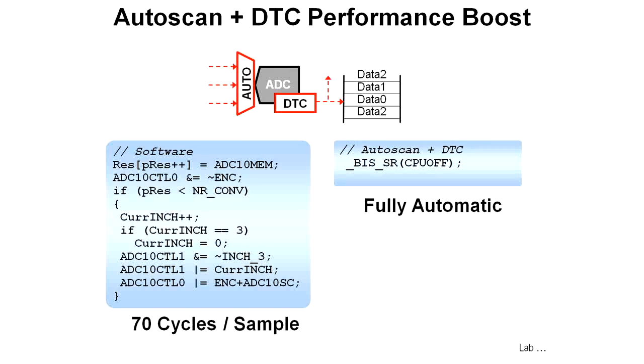Instead, we allow the auto scan and the data transfer controller to do all of this for us once we've programmed it. It will load the information into memory. We can go ahead and go to sleep while it's doing that. When all of those inputs are done, the ones that we programmed, it will wake us up. Lowest possible software, lowest possible current, maximum benefit to your code.